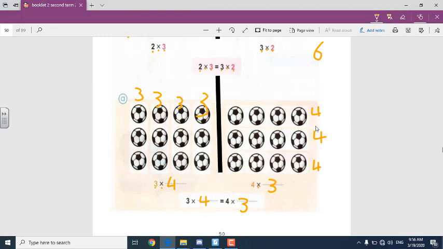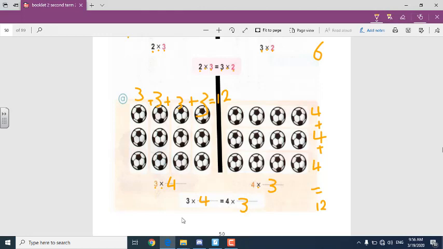Why? 4 plus 4 plus 4 equals 12. And here 3 plus 3 plus 3 plus 3 equals 12. Okay, so here in the multiplication 3 times 4 equals to 4 times 3.